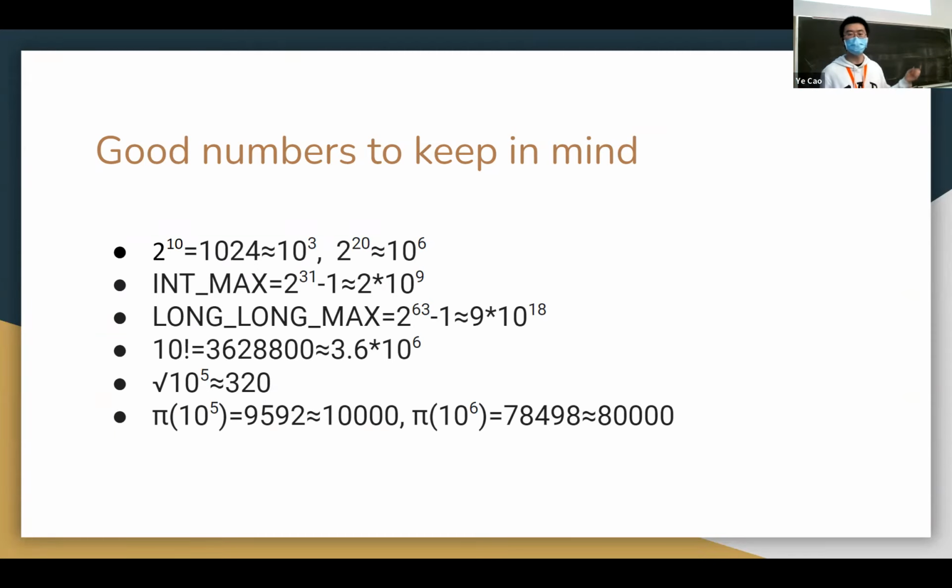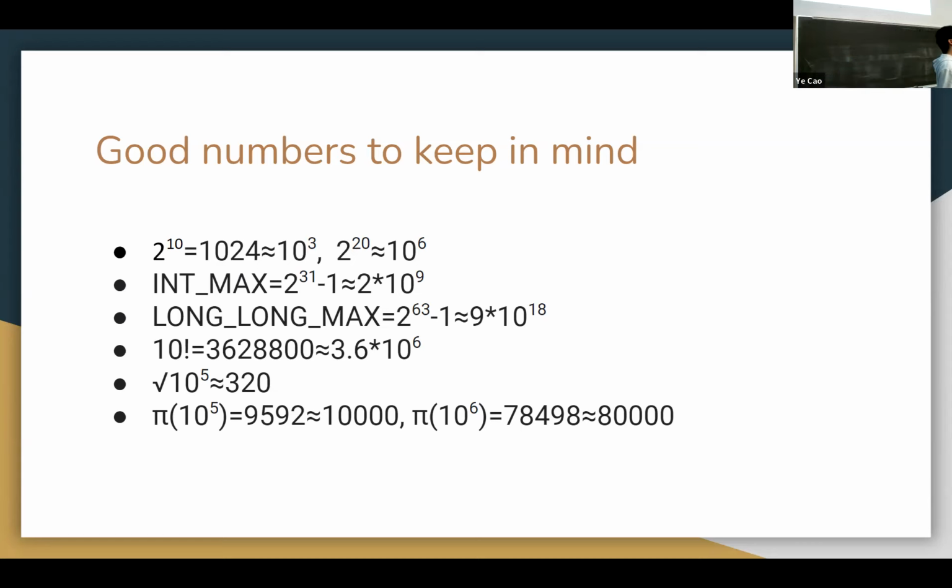The maximum number you can store in a long is 2 to the 63 minus 1, which is approximately 9 times 10 to the 18. That gives you an idea of when you might overflow a long and maybe consider using int128. 10 factorial is about 3.6 times 10 to the 6.